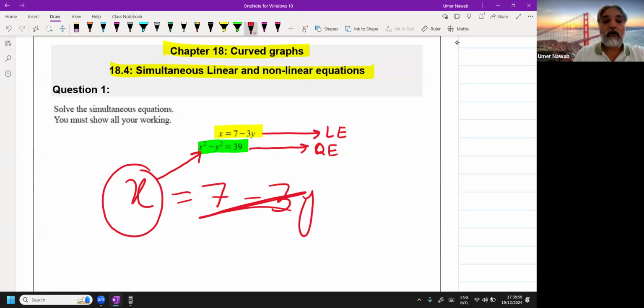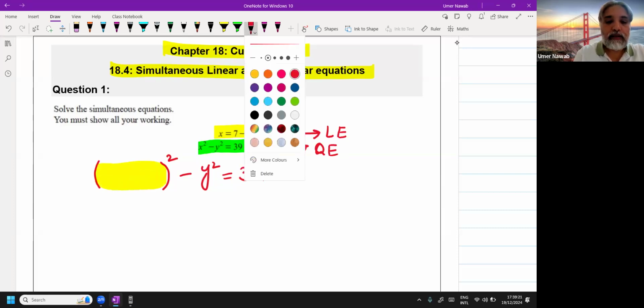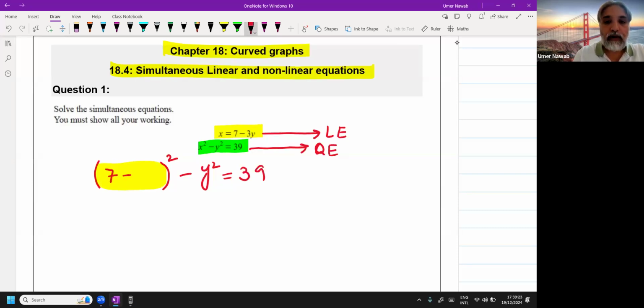So I'm ready to substitute the value of x in the quadratic equation. So in the place of x, you leave the brackets and copy the rest of the equation. I copied it. Now in the place of x, I'm going to write 7 minus 3y.